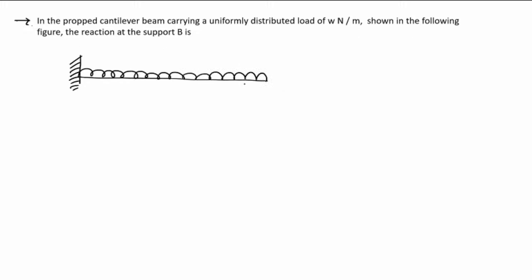The reaction at support B, this is the support provided here, how much is the reaction at this support B? This is called the prop.